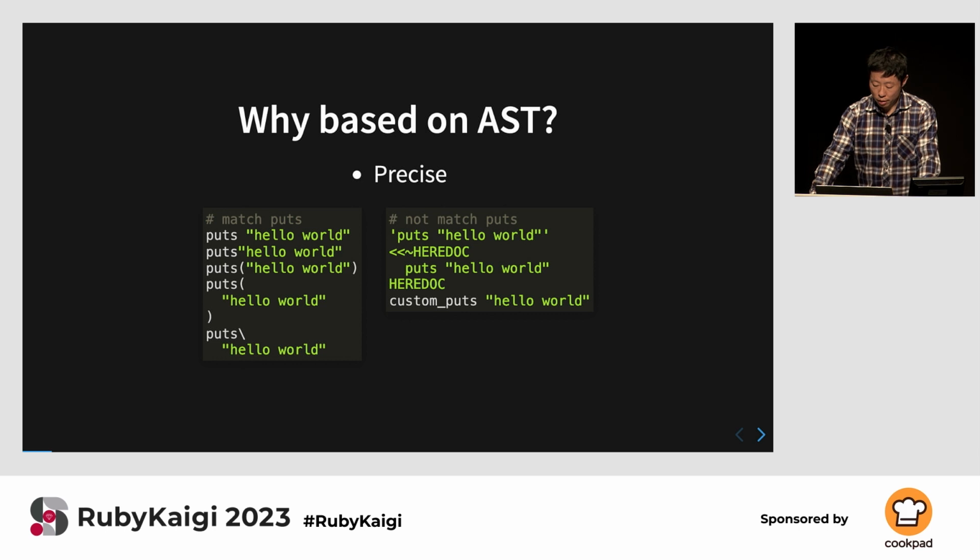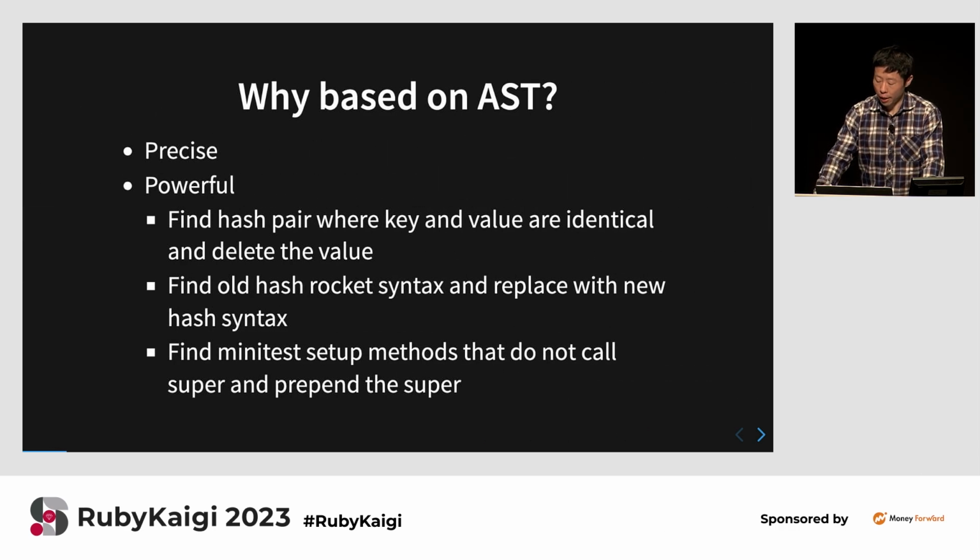Moreover, removing the puts code becomes straightforward using AST. Later, I will show you how. And AST-based find and replace tools are powerful because they can be used to perform complex searching and replacement.